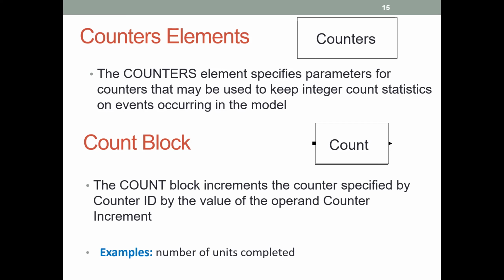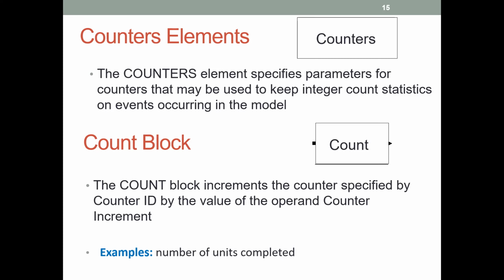The first one is the one that you used in your first assignment, which is the counters element and the count block. This is very simple. Basically, you're trying to count how many entities are completed, or in your assignment, how many of them were discarded per machine. The counters element will allow you to define the name, as we did for the assign of the attributes, and then we use the count block to locate that counter where you need it.